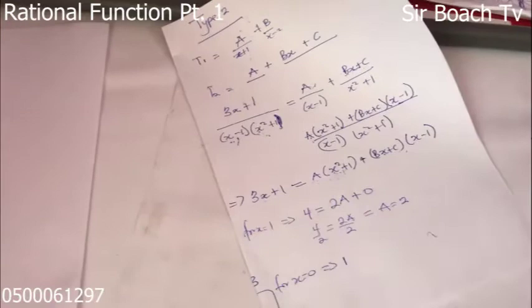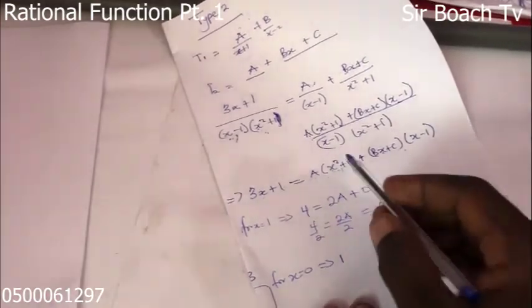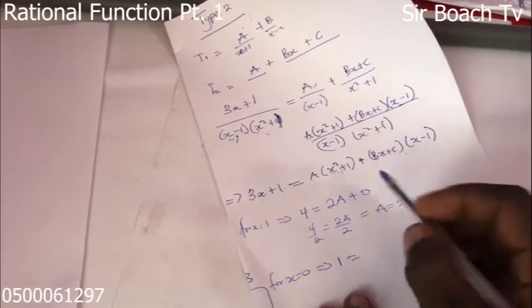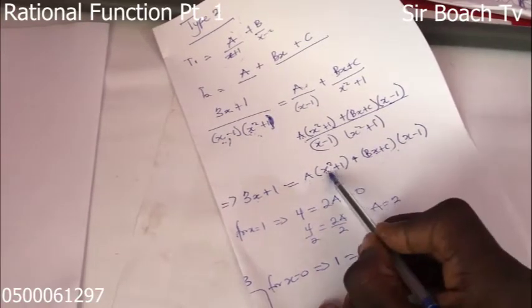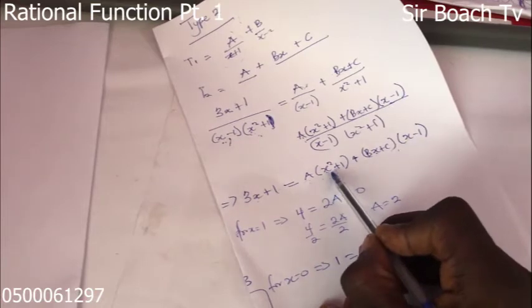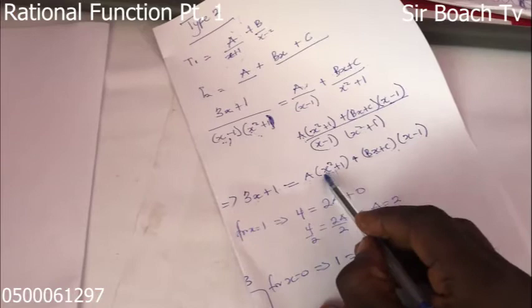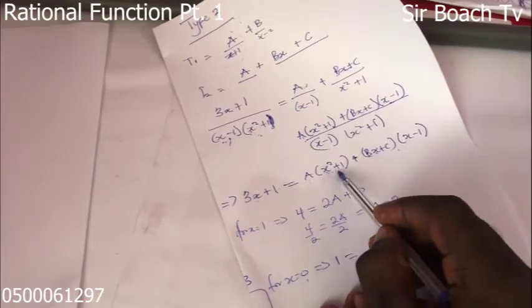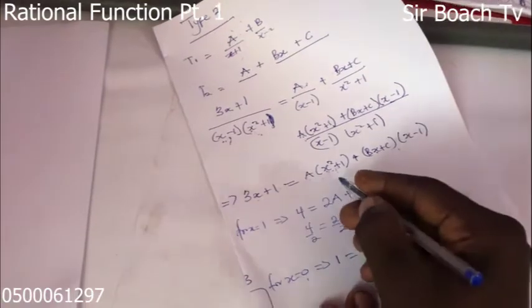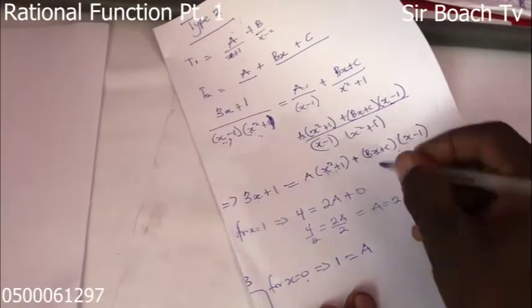Now, coming here, if I put 0 here, we are working with 0. So I'm going to get 0 plus 1. That is 1. So 1 times a will still give us what? A, right?